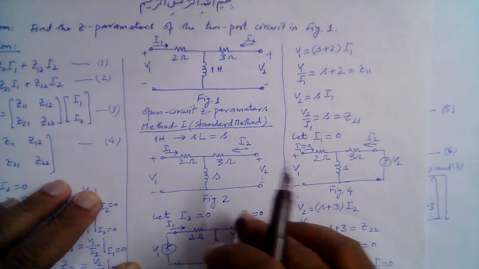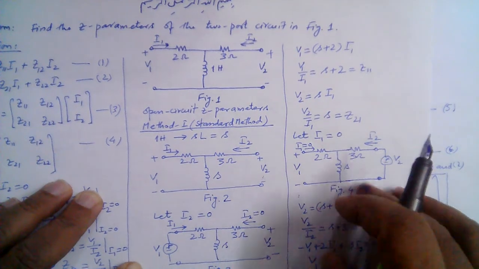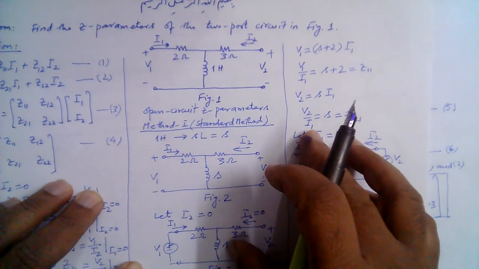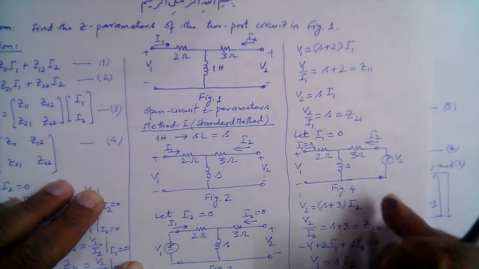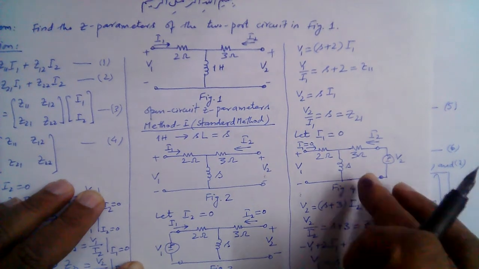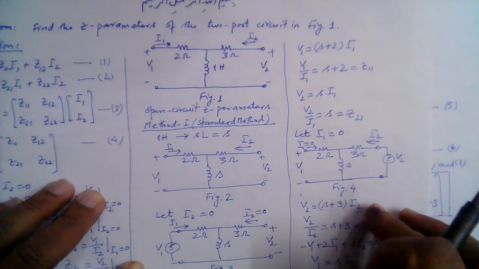So both these circuits are solved independently, and the first part gives us 2 parameters when we switch off the current at port 2, and this second part, when we switch off the current at port 1, gives us the rest of the 2 parameters.